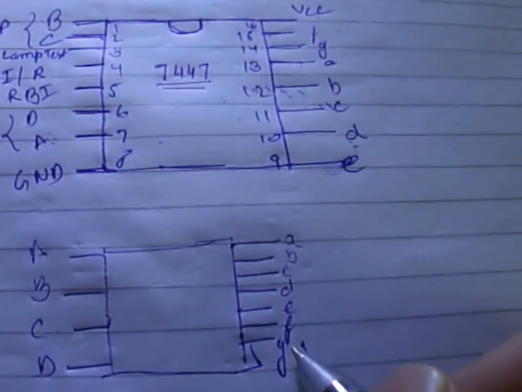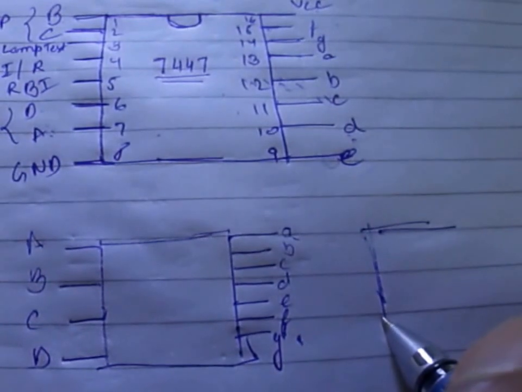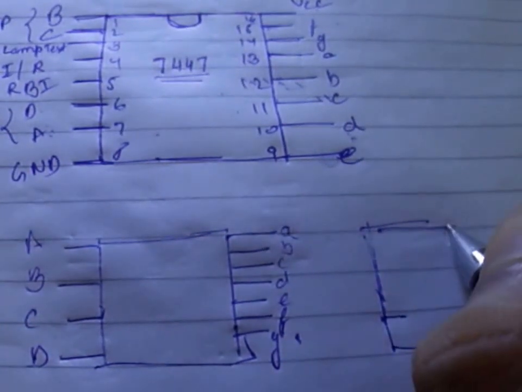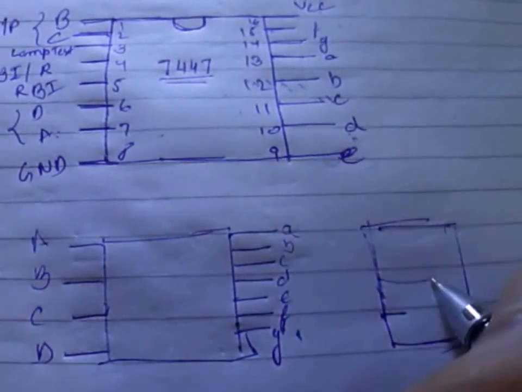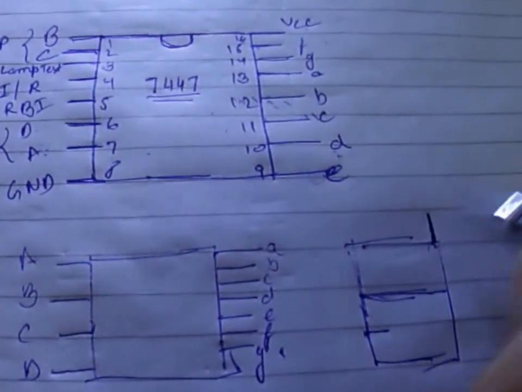So these are A, B, C, D, E, F and G. I take the 7 segment display, and this is suppose my common anode.